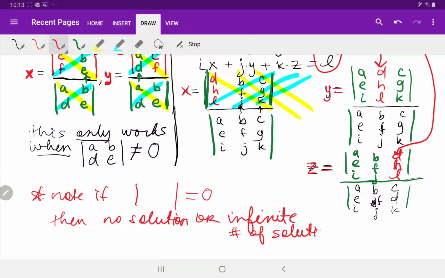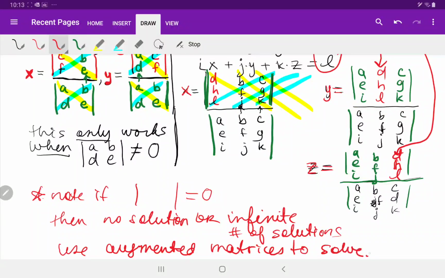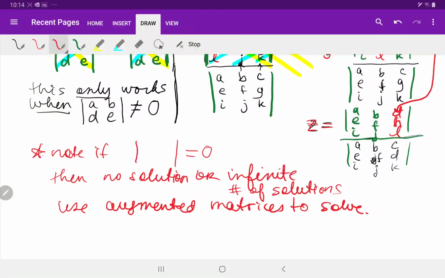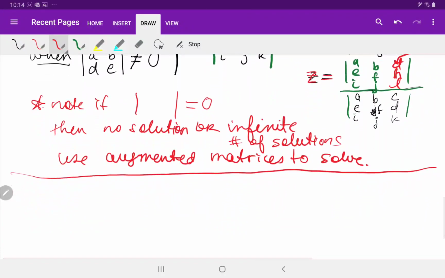Use augmented matrices to solve. So it's very sad. So that's the only problem with Cramer's rule. And it is a nice formula though. If it worked for everything, then maybe we would use it more, but augmented matrices is more powerful.